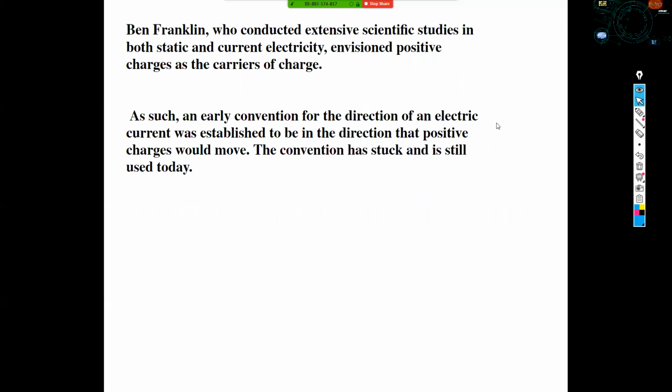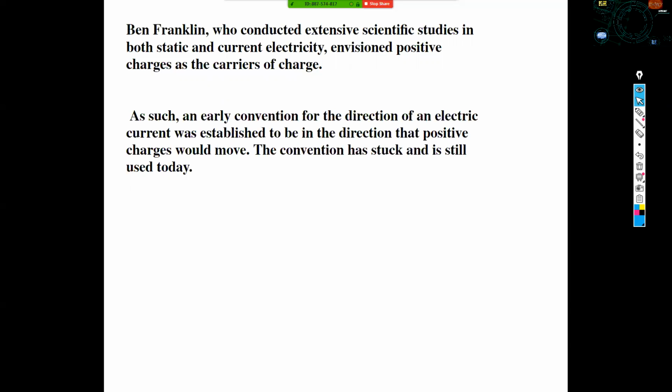Ben Franklin is kind of the guru. You think about the old legend of him getting struck with electricity, flying the kite in a thunderstorm. He envisioned that positive charges were the carriers of charge, and that was thought to be true for a long time. So that is why the convention of current, directional wise, is based off of the proton, even though the charge is actually flowing in the opposite direction.